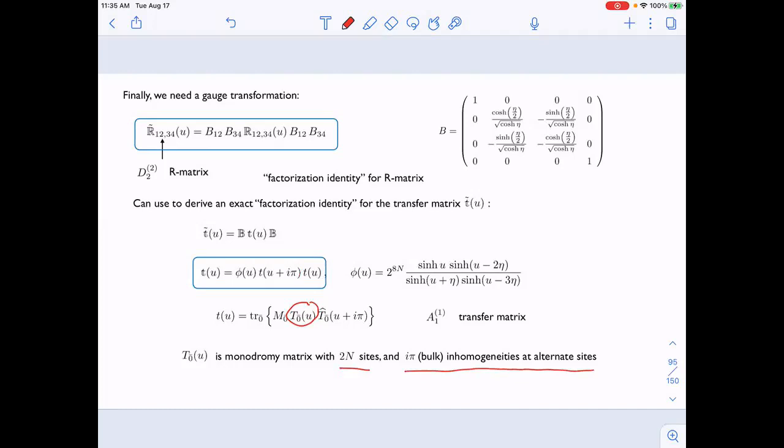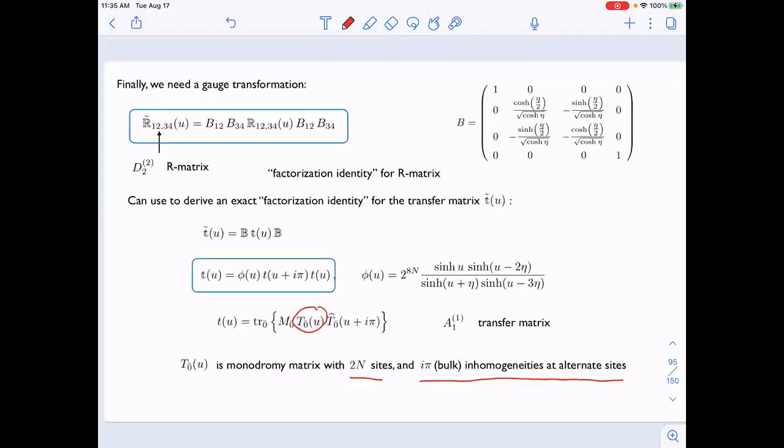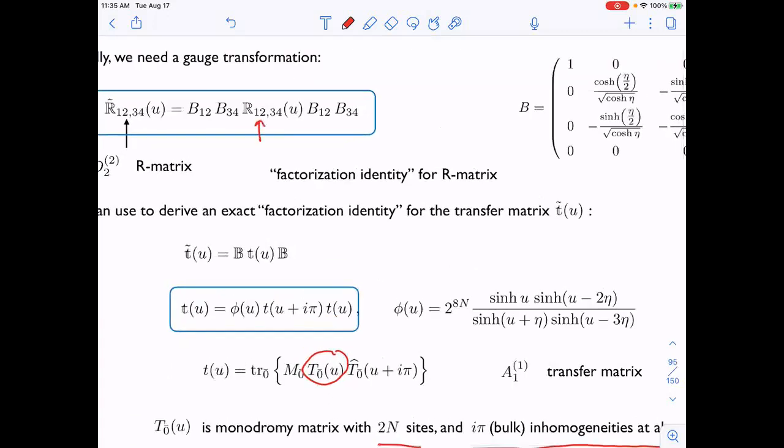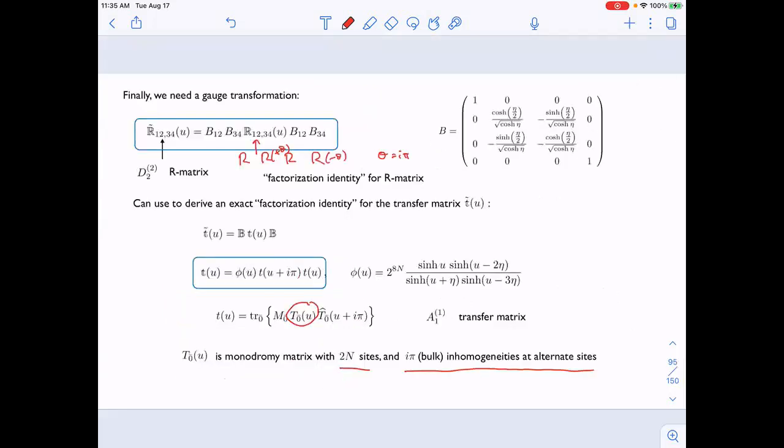And that comes from the fact, if you remember, that this guy here is built from four copies of R, but there are these shifts by theta, a shift by theta here, plus theta, minus theta, and here theta is i pi. And so that gives rise to these bulk inhomogeneities at alternating sites.